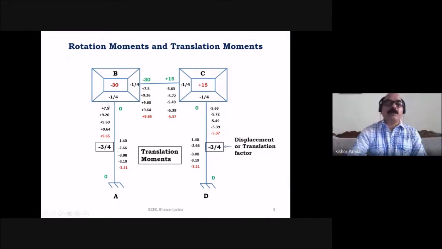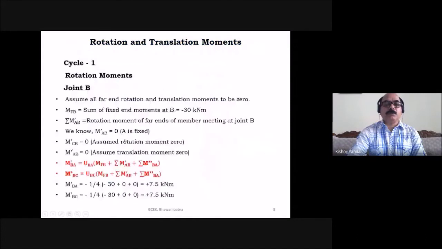When you find the near end rotation moment of the vertical member, in that case you take the sum of the translation moments of the vertical members which meet at joint B. But in the case of this horizontal member, there is no need to take the translation moment. So this will be 0.